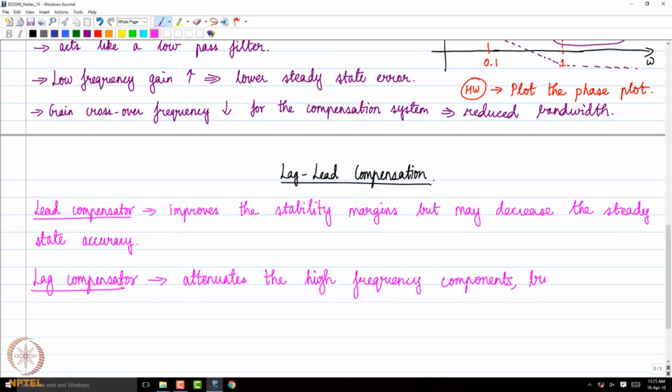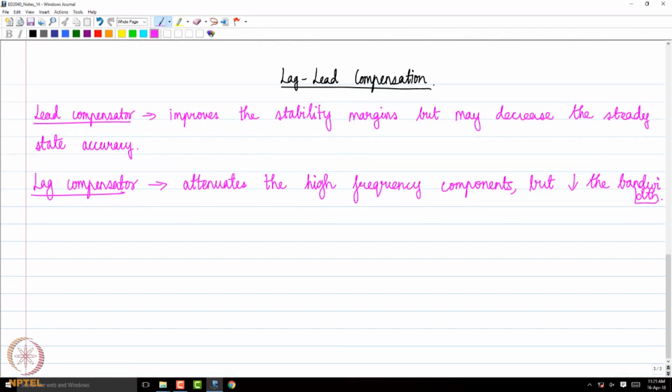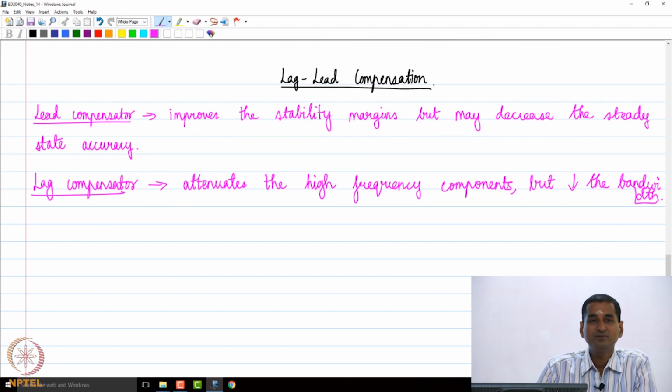That is something we just observed. So, it can lead to a system with reduced bandwidth. Hence sometimes people use a lag lead compensator, essentially to combine the benefits of both these compensators. It depends on the scenario.